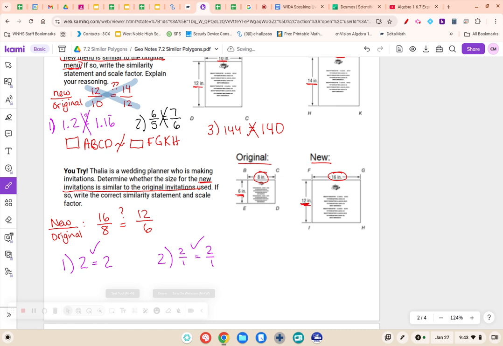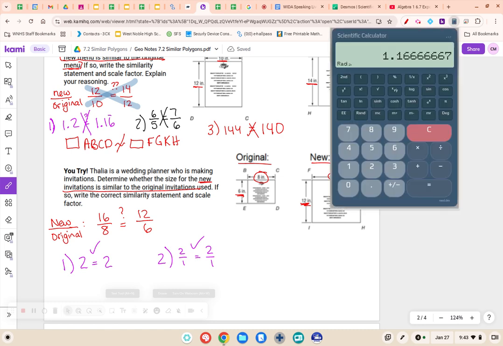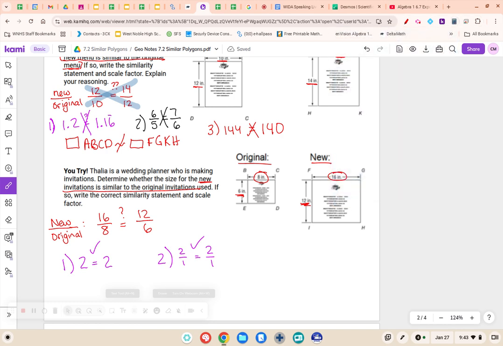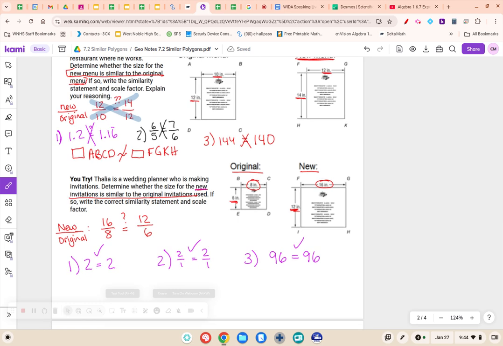Or if I cross multiply, 16 times 6 is 96. And I happen to know 12 times 8 is also 96. So with all three methods, these all check out, telling us that these are similar to each other, the new to the original.